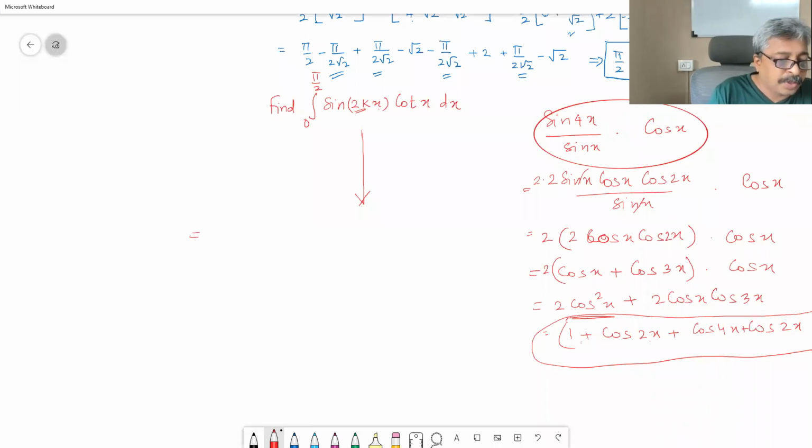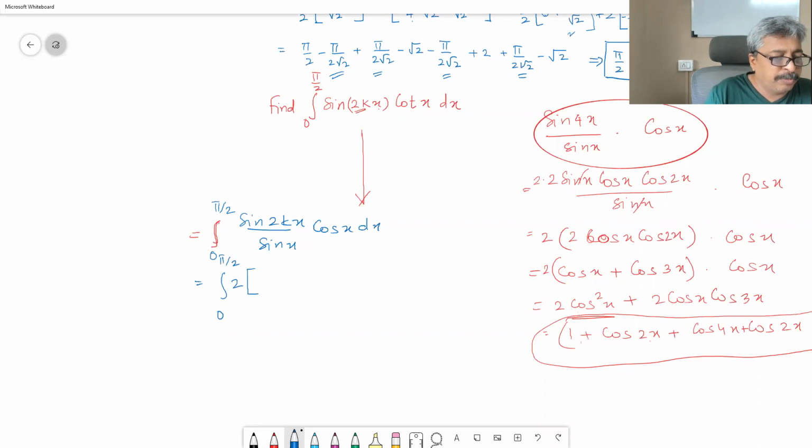This is equal to integral, let me use color blue, integral 0 to pi by 2 sine 2kx upon sine x cos x dx, which is equal to integral 0 to pi by 2 times inside bracket you have cos x plus cos 3x plus dot dot dot plus cos 2k minus 1.